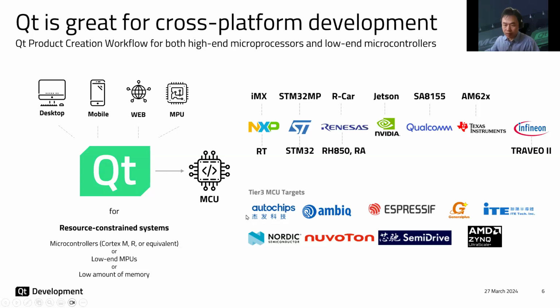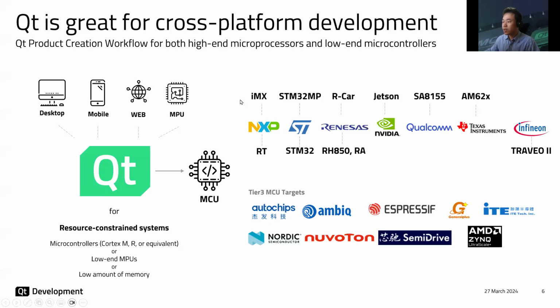That means they are unofficially supported, but someone has already done the job to port Qt for MCU to those devices. And you can see here the major vendors like NXP, ST, Renesas, NVIDIA, Qualcomm, TI, and Infineon. We have all those officially supported devices.